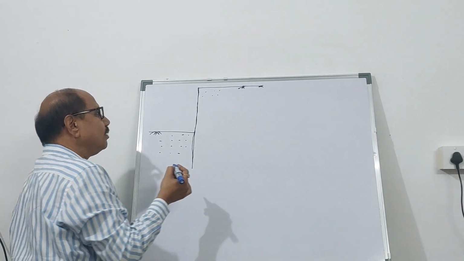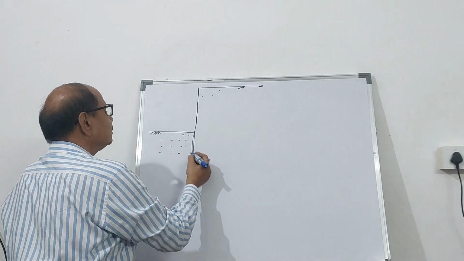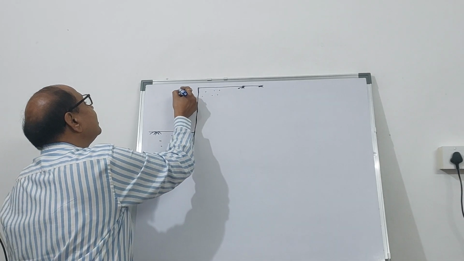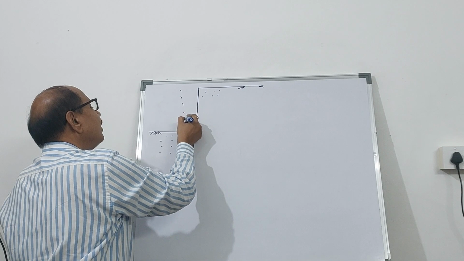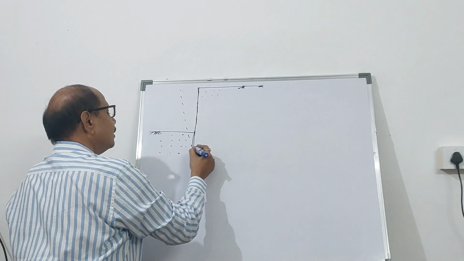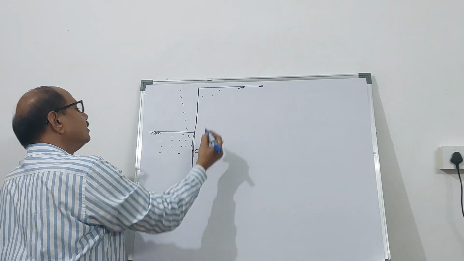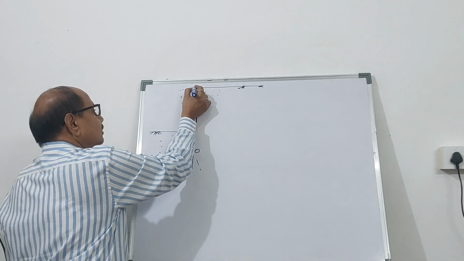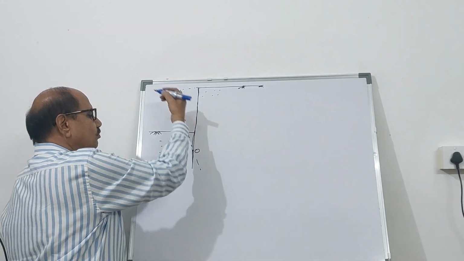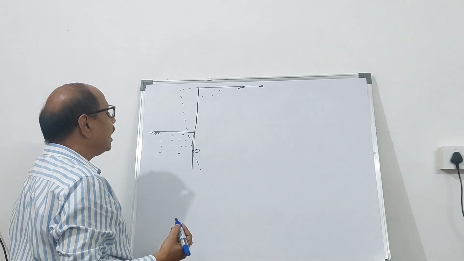So in the simplified approach, if you see the deflection pattern of a cantilever sheet pile, you know that the cantilever sheet pile is going to deflect like this. About this point, it is going to deflect. So this is the deflected shape of the cantilever sheet pile.